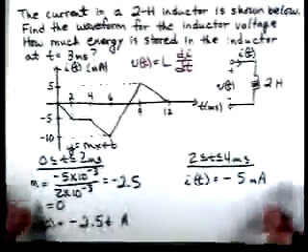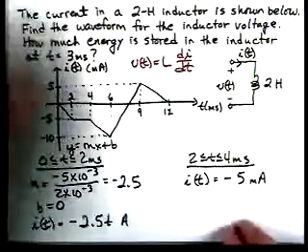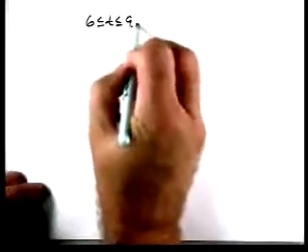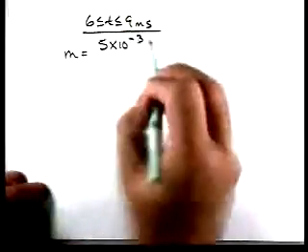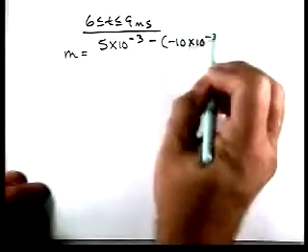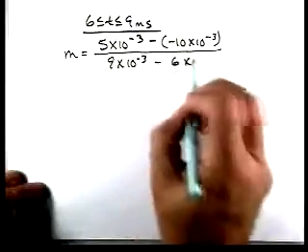Now if we look at our waveform, we can see over the interval from 6 to 9, we go from minus 10 all the way up to plus 5. So now let's do the calculations for that interval. Between 6 and 9 milliseconds, we wind up at 5 times 10 to the minus 3, and we start off at minus 10 times 10 to the minus 3, and for the time, we go from 6 milliseconds to 9 milliseconds.